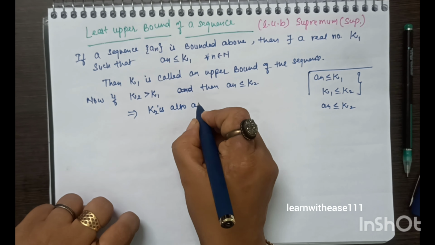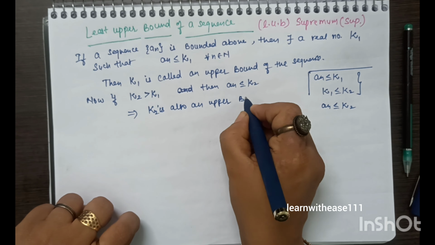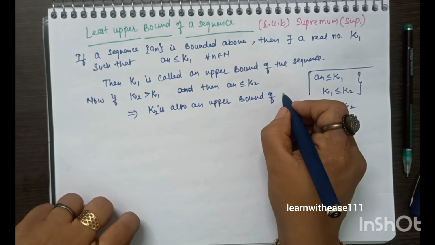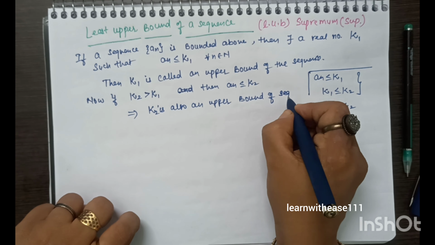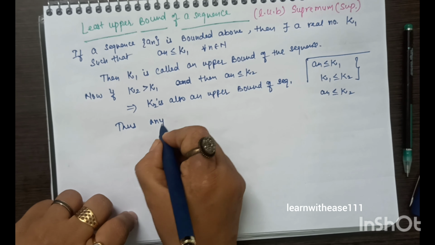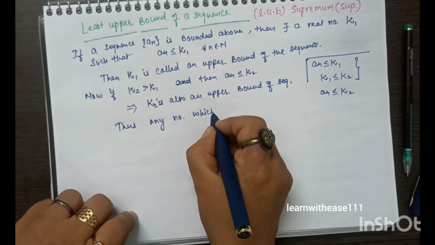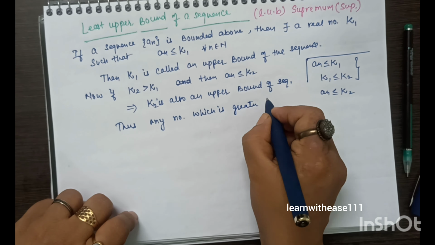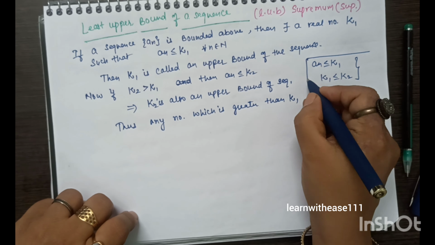So k2 here is also working as an upper bound. k1 was an upper bound and k2, since it is greater than k1, will also work as an upper bound. So any number greater than an upper bound will also work as an upper bound of the sequence.